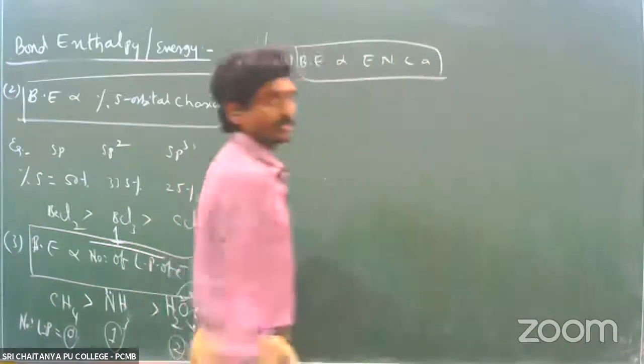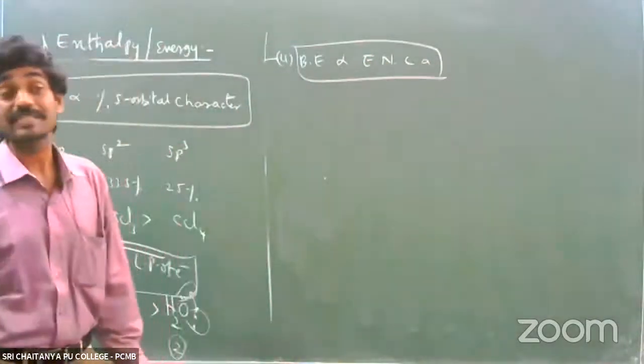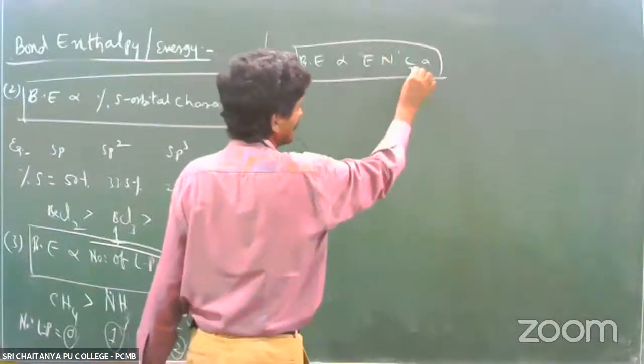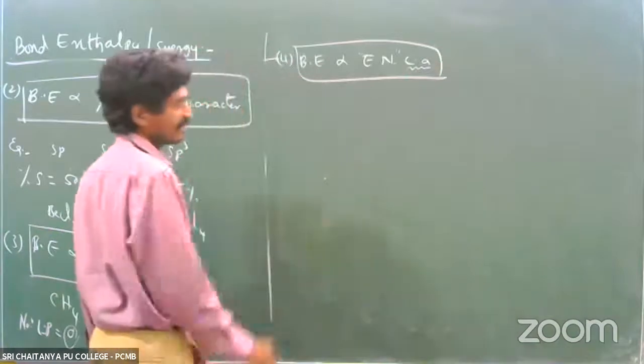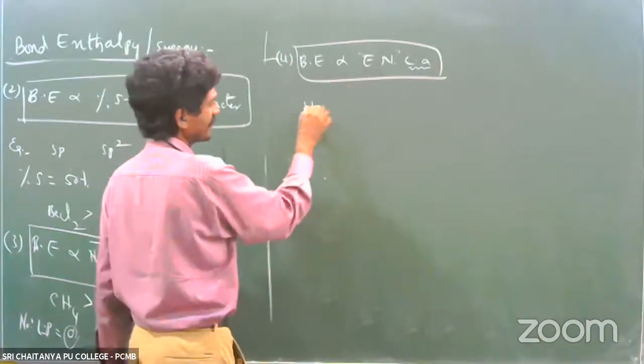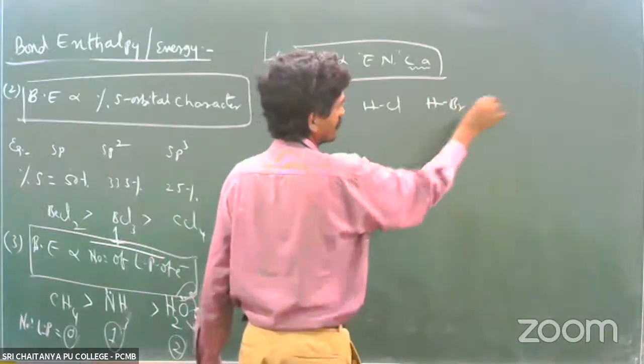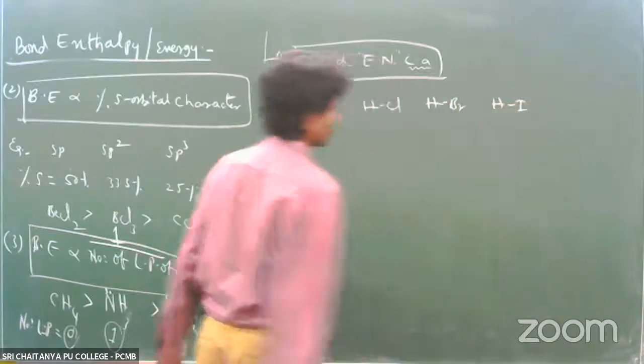Directly proportional to the electronegativity of the central atom. So, electronegativity of which one? Central atom. For example, take HF, HCl, HBr or HI.